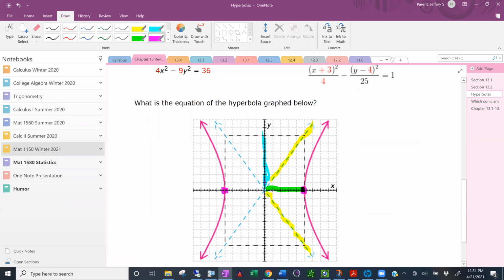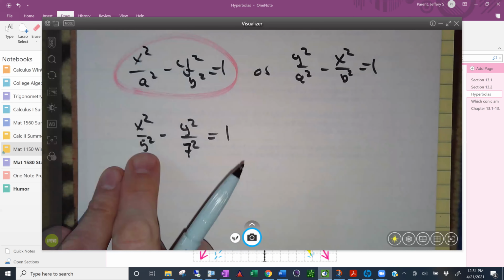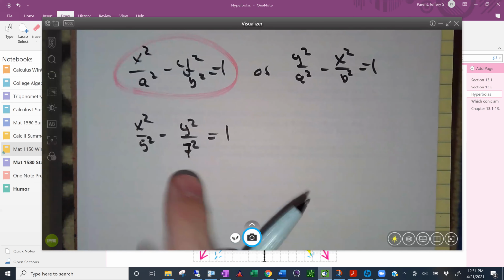How far do I have to move to get to this value of y? 7? Yeah, it'd be a 7. Thank you. So x squared over 5 squared minus y squared over 7 squared. And that's it.